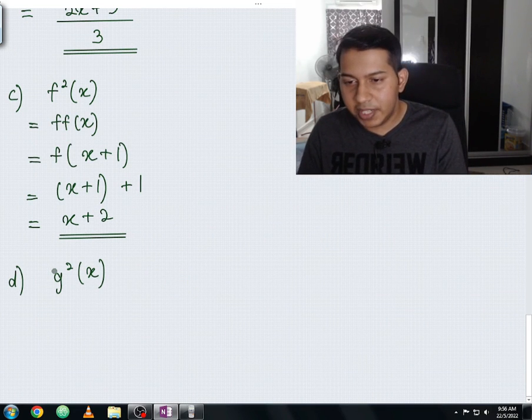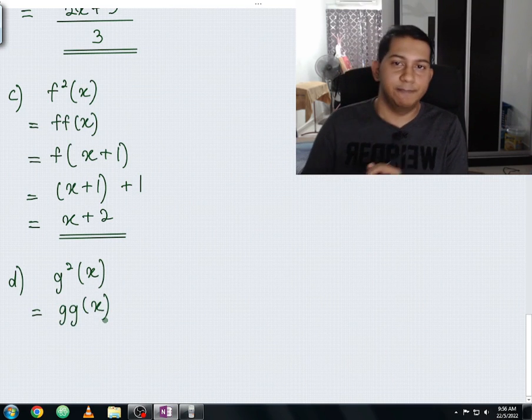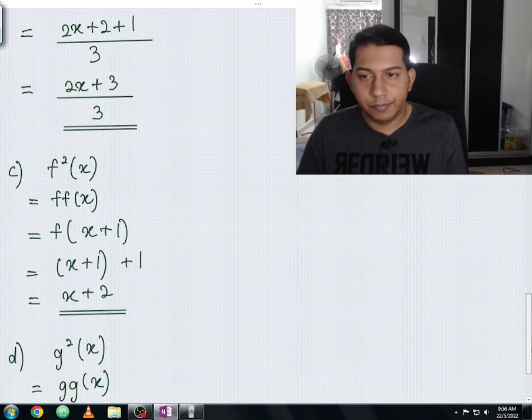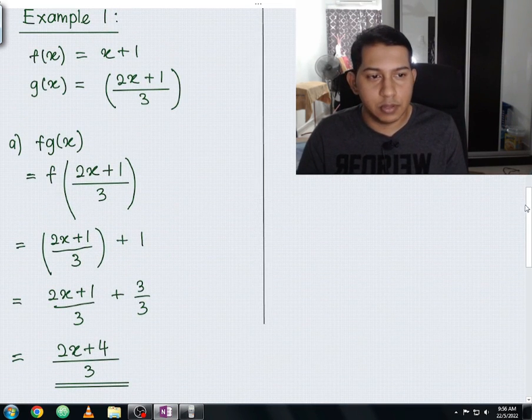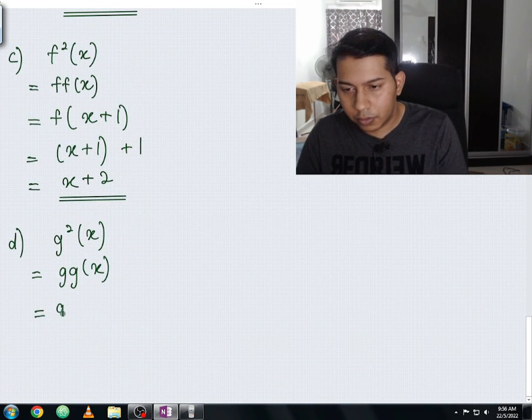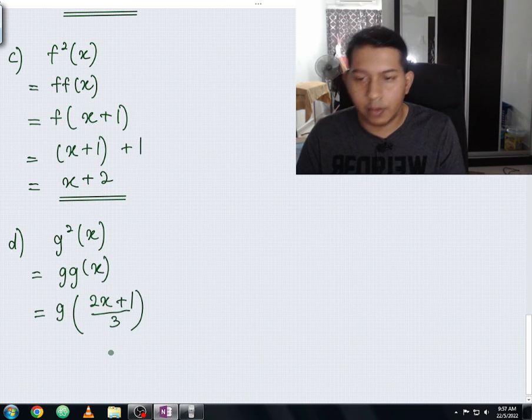So from here, since it's mapped 2 times, I write here g of g of x. So from here you know that the function g(x) is (2x plus 1) over 3. So let us copy it down. Function g in a bracket, (2x plus 1) over 3, close bracket.